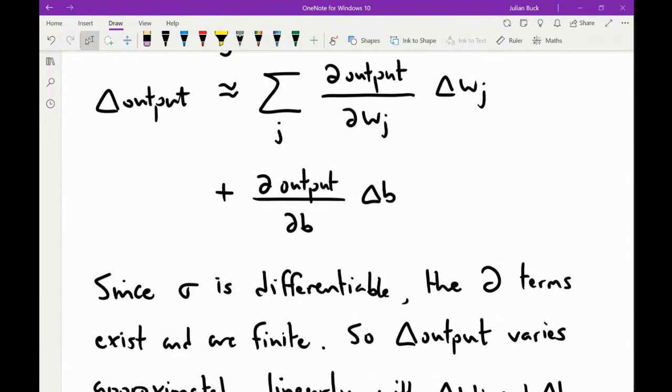Those are just linear coefficients, and delta Wj and delta B are both linear terms as well. So this is just a linear combination of the changes in the weights and the change in the bias with various coefficients, and those coefficients come from values of the partial derivatives. So that's nice in certain computational ways, that you have this level of control over what's going on.